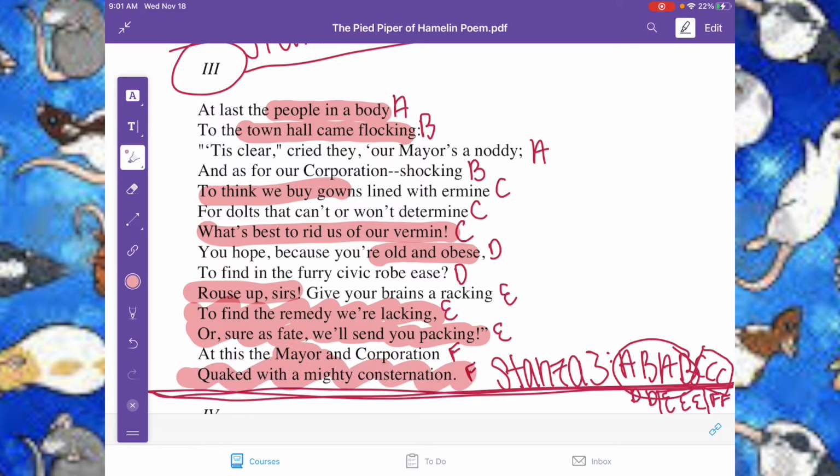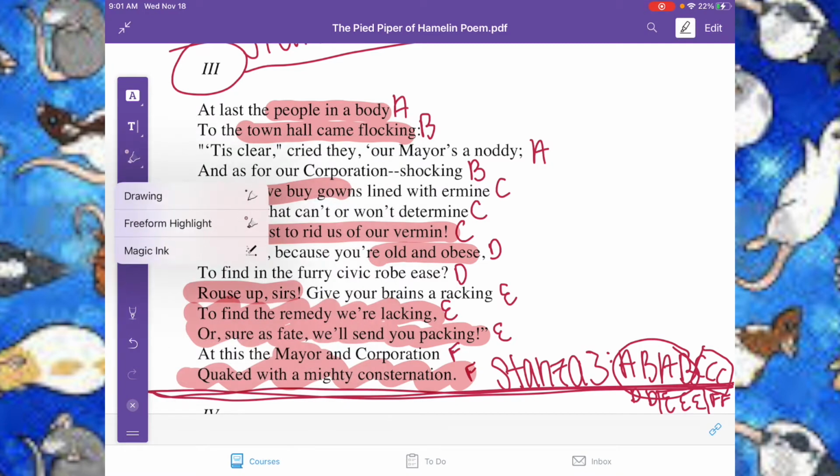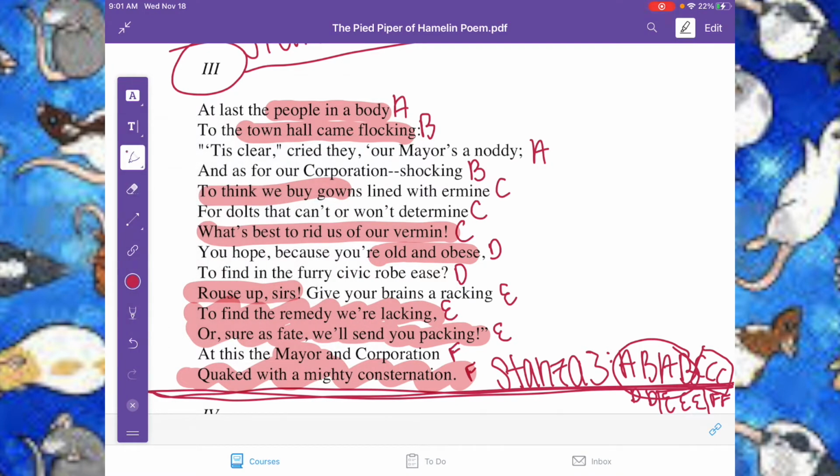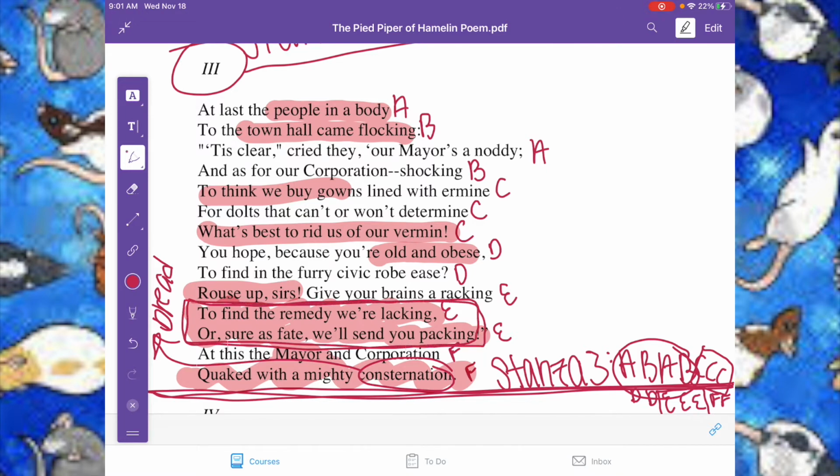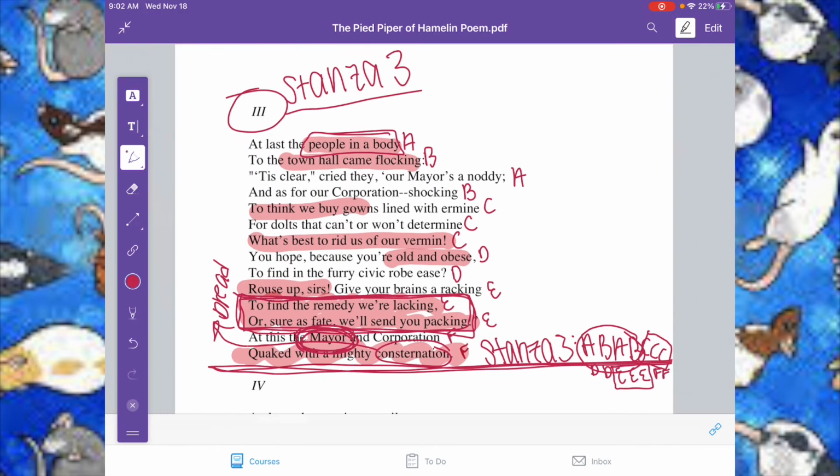Here, consternation is one of our vocabulary words, and we know that consternation is going to be dread. So this right here is a threat from the mob. They are saying either you find a solution to the rat problem or we're kicking you out. And obviously the mayor is having some serious feels about this.